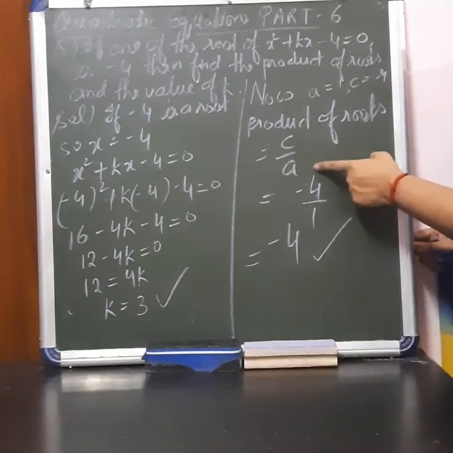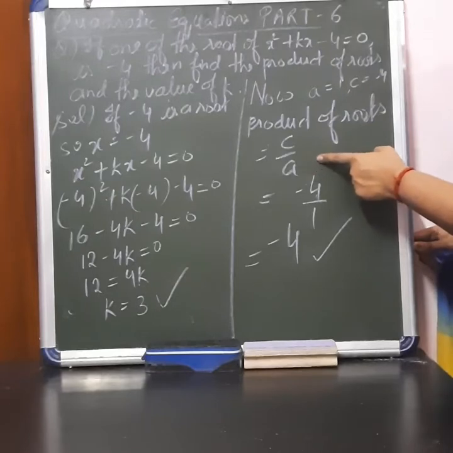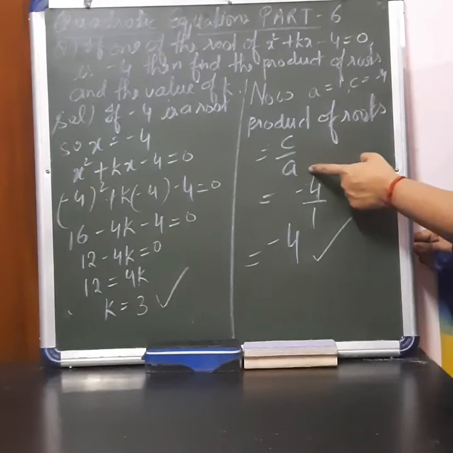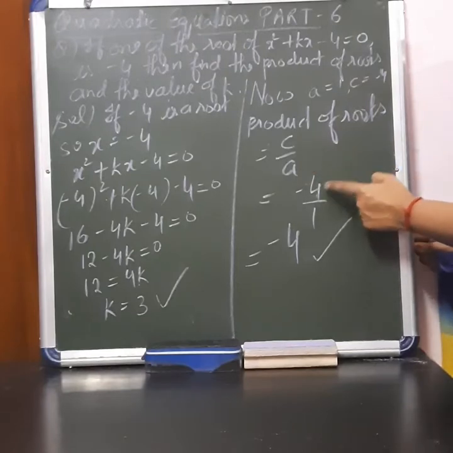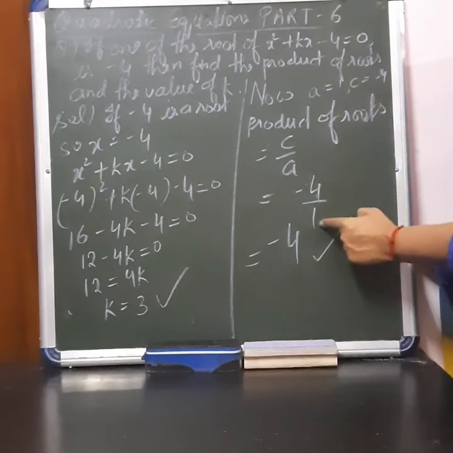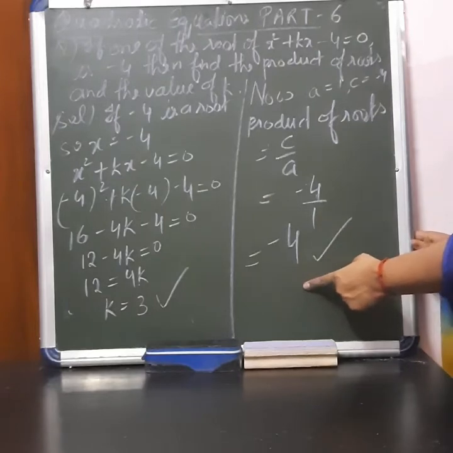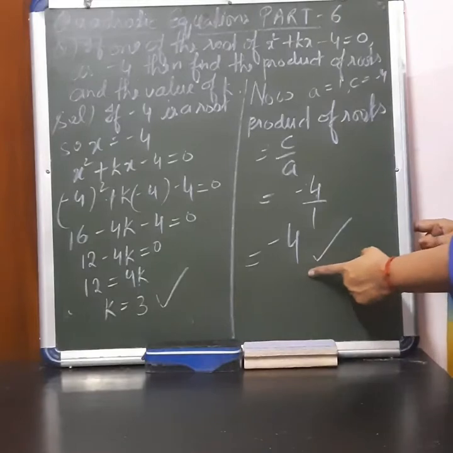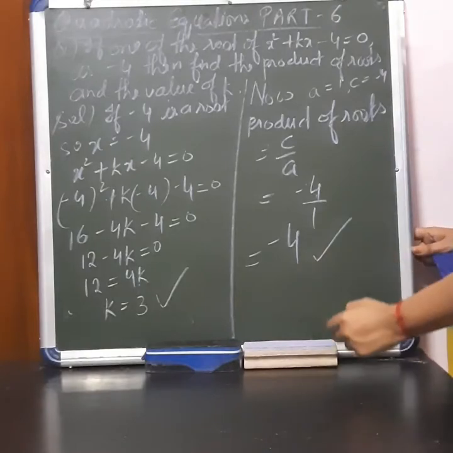You put the values of c and a in this formula: c upon a, it is minus 4 and the value of a is 1, minus 4 upon 1 is minus 4. So the value of k is 3 and the product of roots is minus 4.